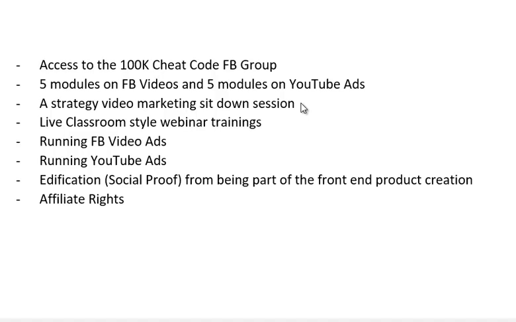And we're going to turn it into a front end product that you're going to get social proof from, because you're going to be involved in that front end product creation. You're going to be one of our beta testers. You're going to be one of our case study group members, if you will. And of course, you're also going to get the affiliate rights to that front end product and to the back end things that I'm going to teach you about once you're already one of our members.